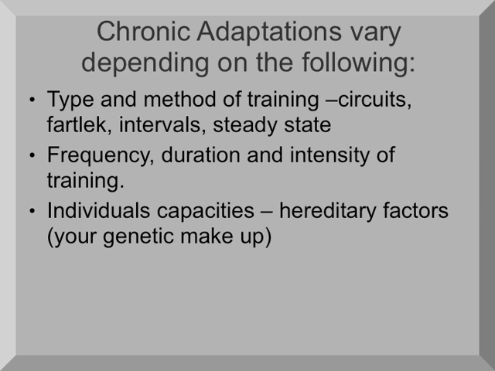Obviously, the adaptations depend on the type of training we do, whether steady state running or interval training, how often we exercise, for how long, how intensely, and always our genetic makeup affects the adaptations that occur as well.